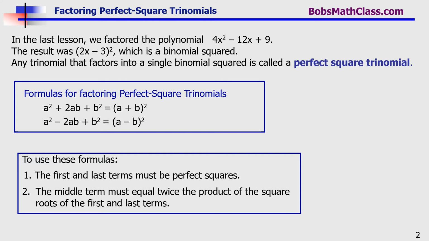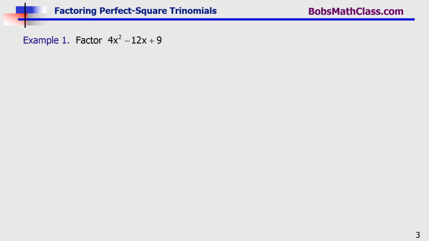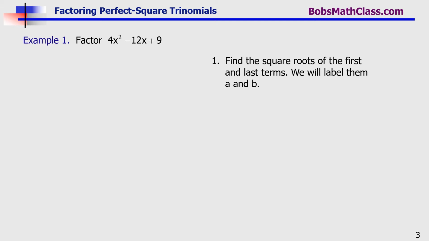Okay, let's do some examples. Make sure you have those notes written down. So we did this problem in the last video, but we're going to do it differently this time. First, we're going to find the square roots of the first and last terms. This method is only for specific trinomials. You have to recognize that the first term and the last term are perfect squares, which they are.